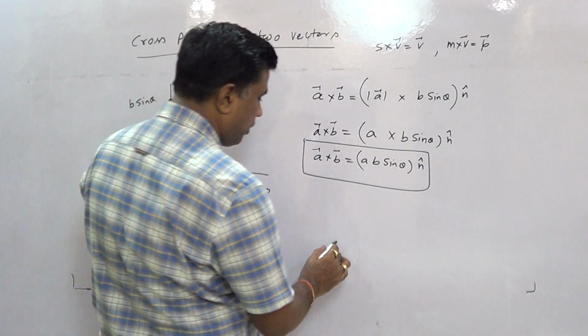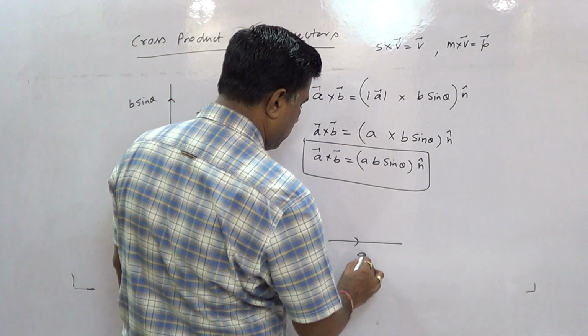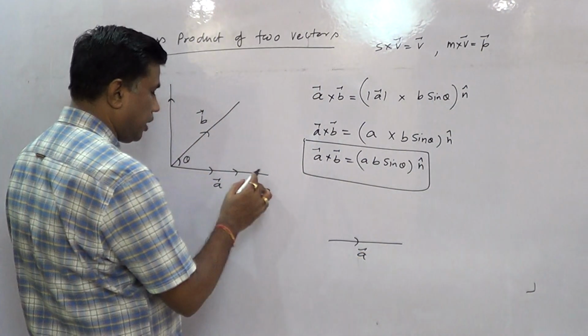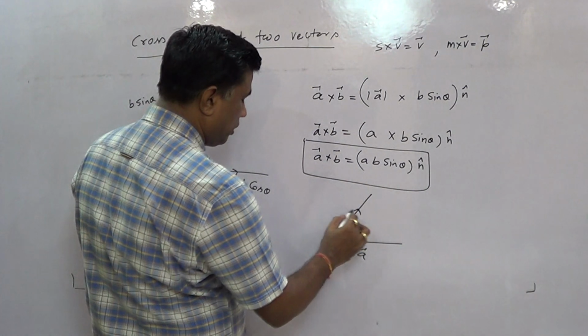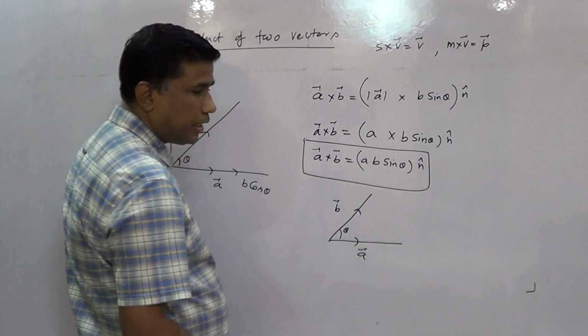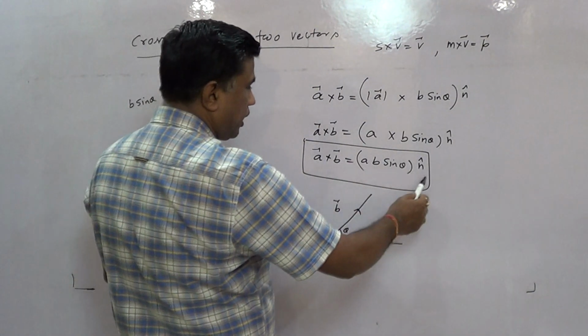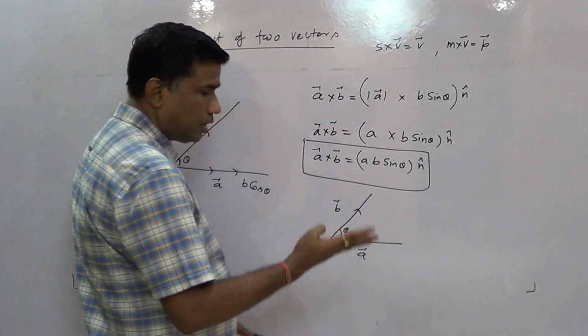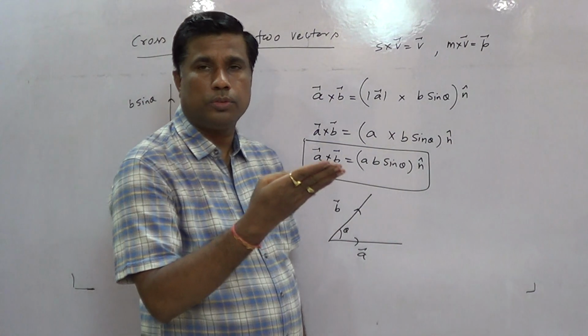See how we will represent the direction of this unit vector. Suppose this is again the vector A and this is vector B, whose cross product is shown here. Now to find the direction of this unit vector, I will use the right hand thumb rule.